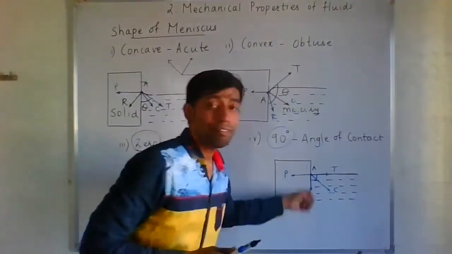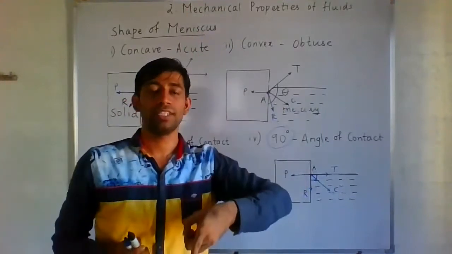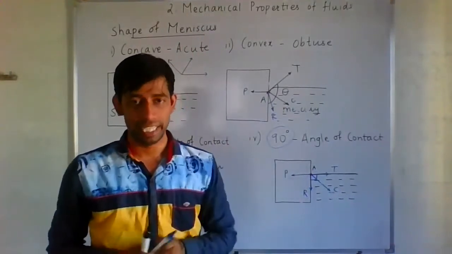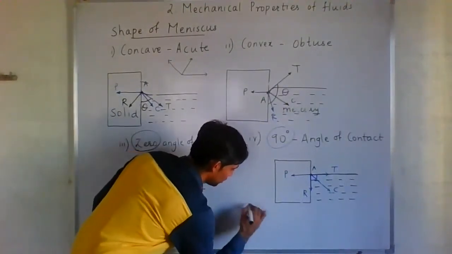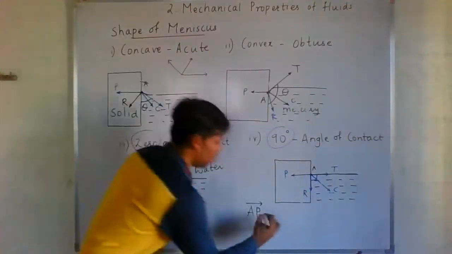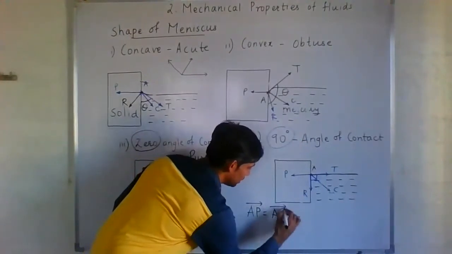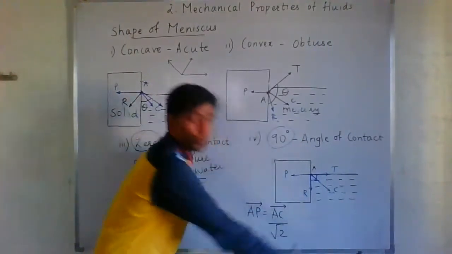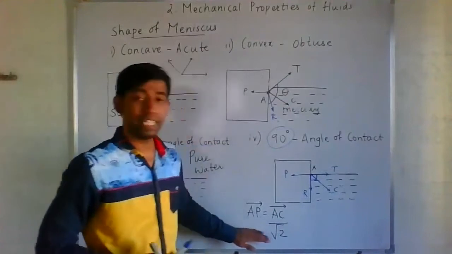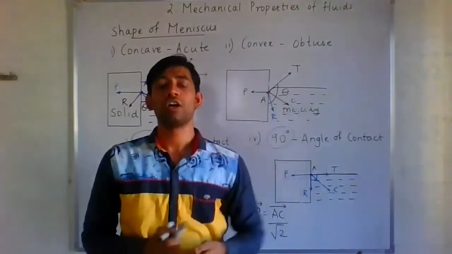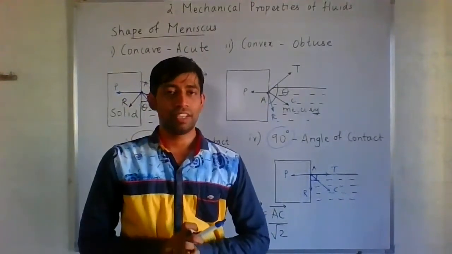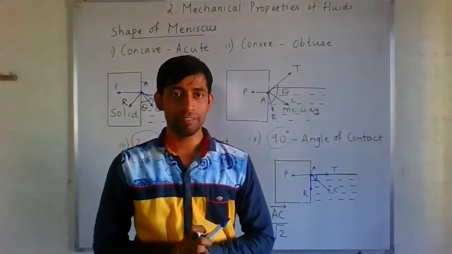But when AR will come exactly along the surface of the solid, we need a condition for that. The condition for that is AP should be equal to AC divided by root 2. When such condition is achieved, then only AR will come along the line of the surface of solid. Clear with this?